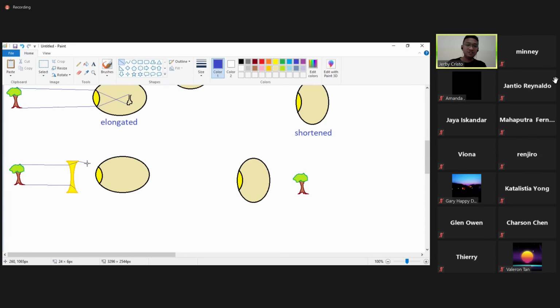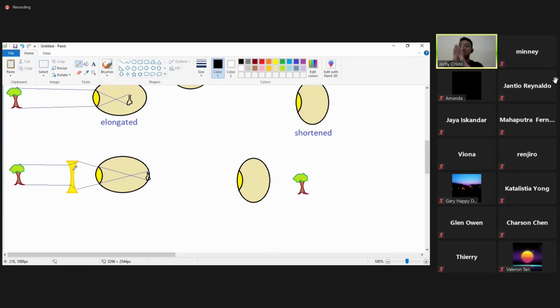Diverging the light will allow the refraction in a myopic person with an elongated eyeball to be focused exactly at the retina. So that is the role of a concave lens: to diverge the light, allowing the refraction in the lens of the eye of an elongated eyeball to be focused exactly at the retina.